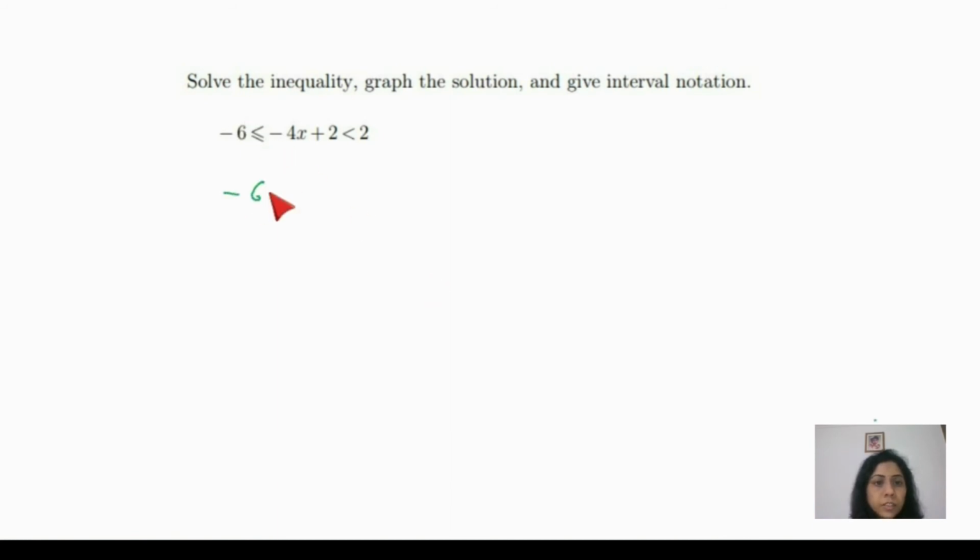So here I can write one more time. This is an and type of inequality, but here it is written in three terms. Okay, we have to isolate this x here in the middle. So for this we have to subtract 2 from all sides.